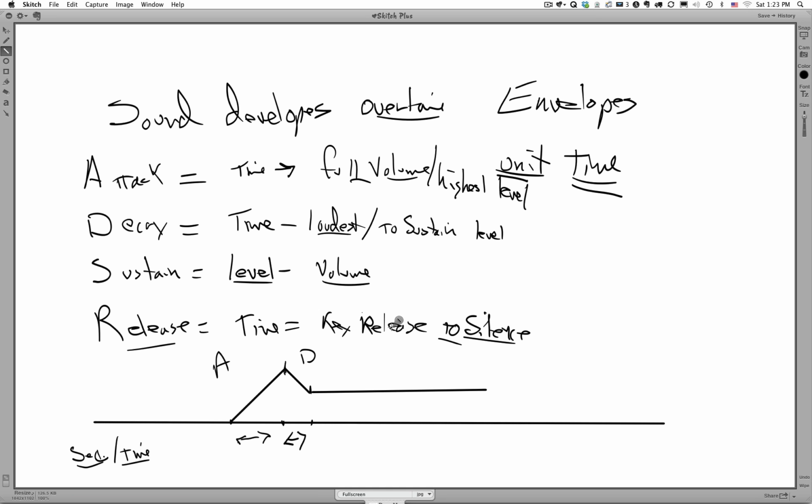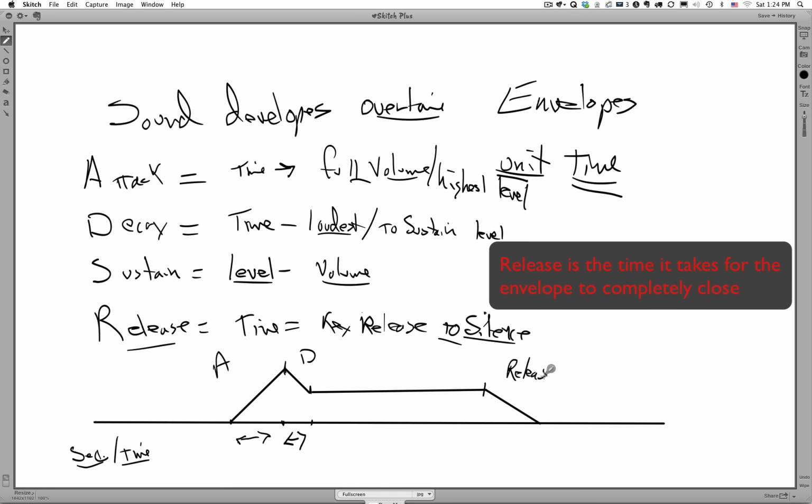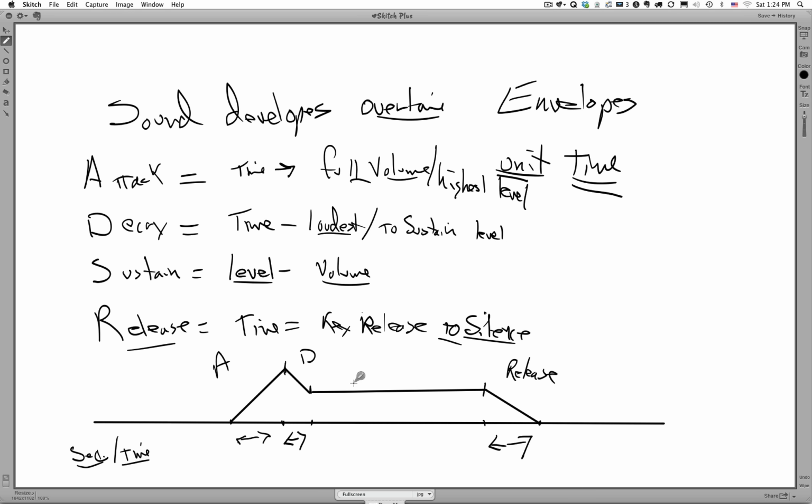And the final parameter is the release. How long does it take from when we release the key? How long does it take until it goes to silence? So there to there. Again, a unit of time measurement. Attack, how much time to go to full volume.